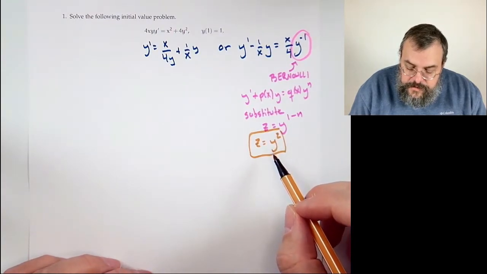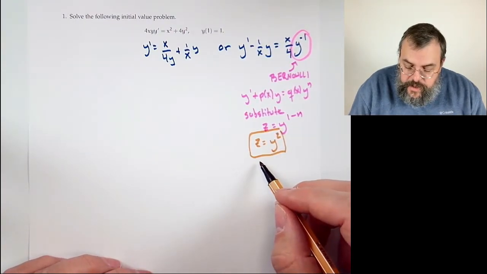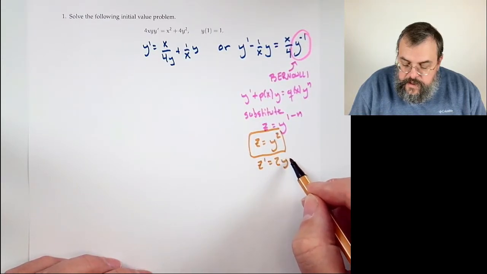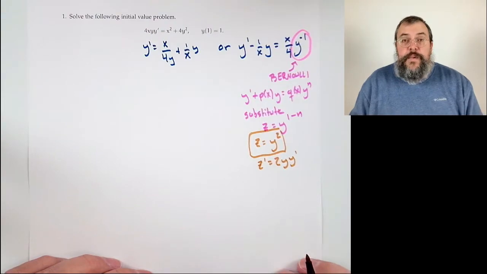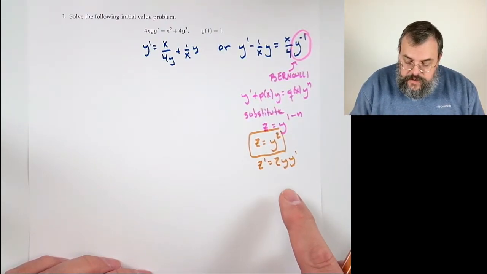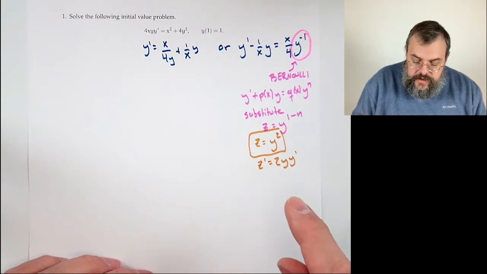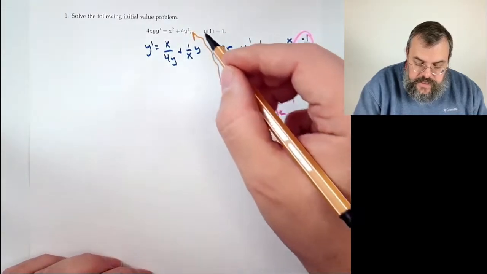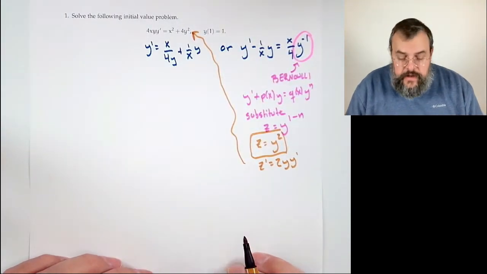And, well, if z equals y squared, well, that says z prime is 2y y prime, just taking the derivative of both sides. And now we can start saying, oh, hey, here's an idea. So let's go back all the way to the beginning. And what do we see?